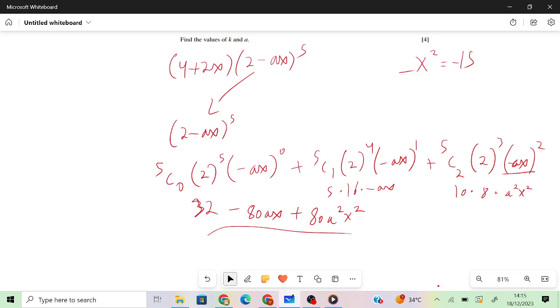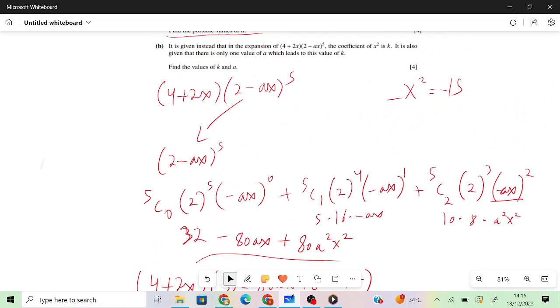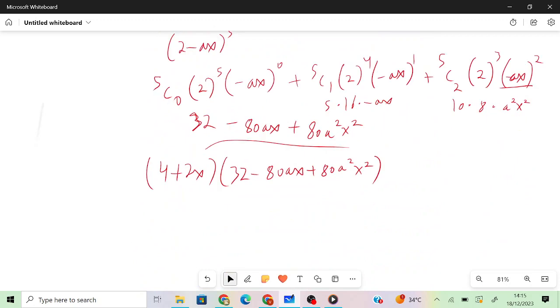So now we can go back to our expansion. We have (4 + 2x) into (32 − 80ax + 80a squared x squared). And remember, the question asks us to find the value of a, given that the coefficient of x squared in that expansion is minus 15.